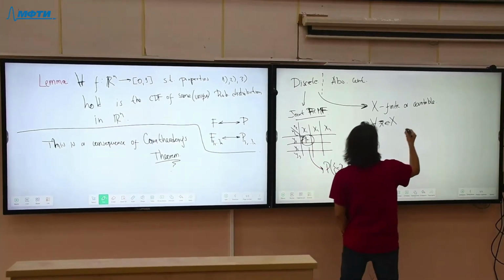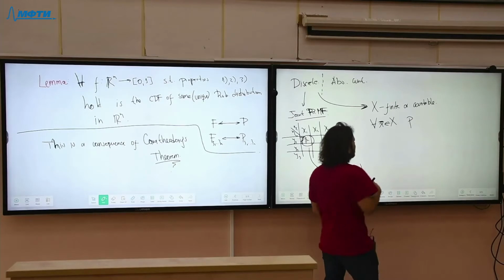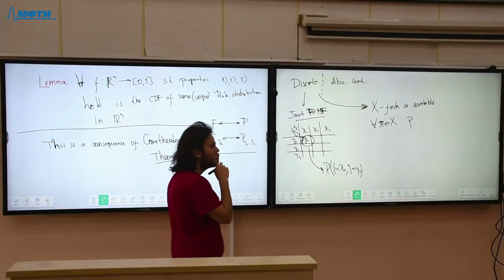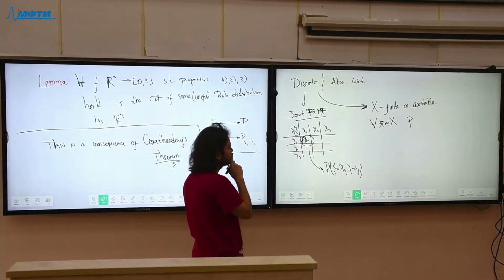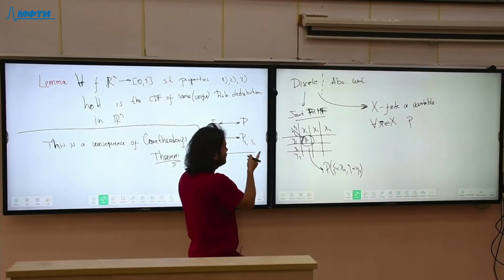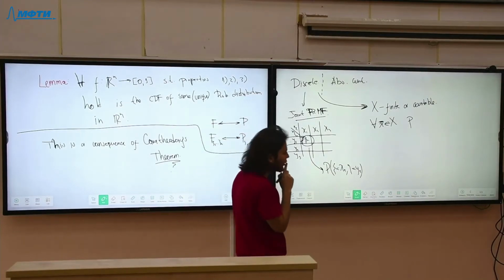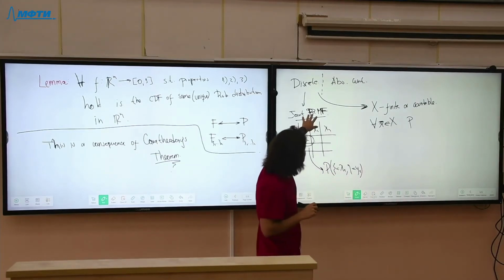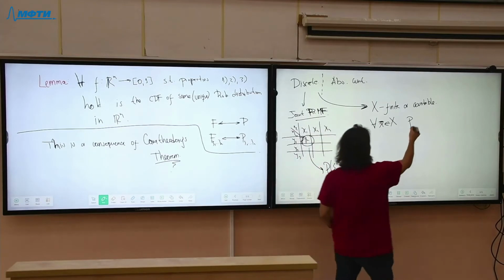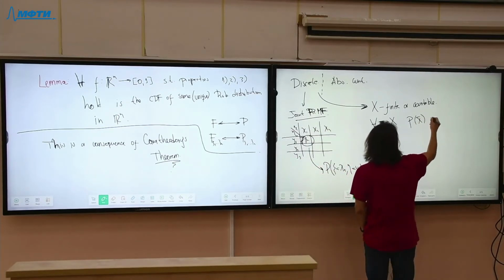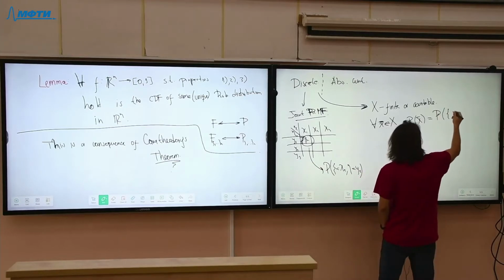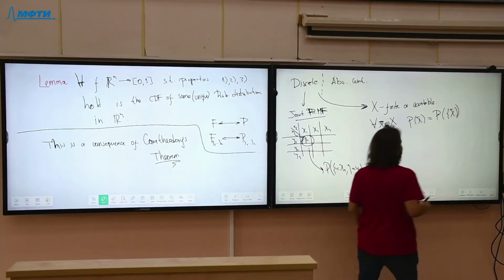we know that the PMF, or we can call it discrete density or joint PMF, is just the probability of this vector, right?